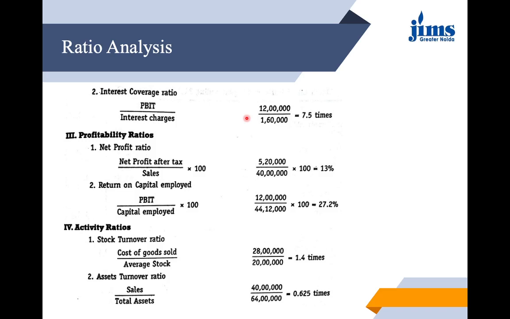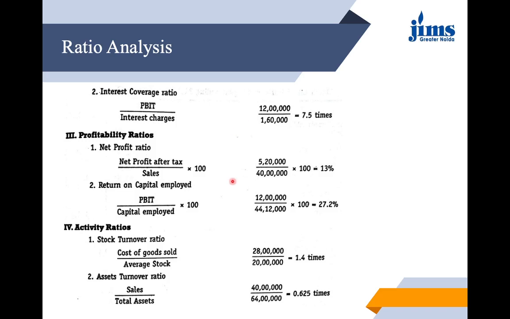Then we have return on capital employed, that is PBIT upon the capital employed into 100. PBIT is 12 lakh. Upon the capital employed, we have calculated 44,12,000 into 100 is giving you 27.2%. A good return on capital employed. Then next is the activity ratios, that is stock turnover ratio, that is cost of goods sold upon the average stock.